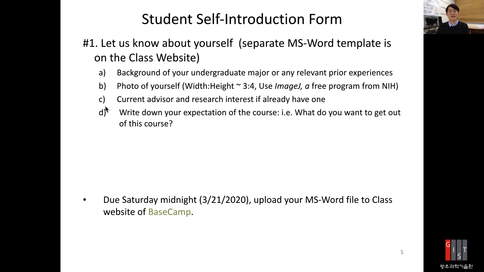The third is, if you are a graduate student, your current research advisor, and if you already have a research interest, or if not, you can create one at this opportunity. And the fourth is to write down your expectation of this course. So basically, what do you want to get out of this course? This will be due by this Saturday midnight.